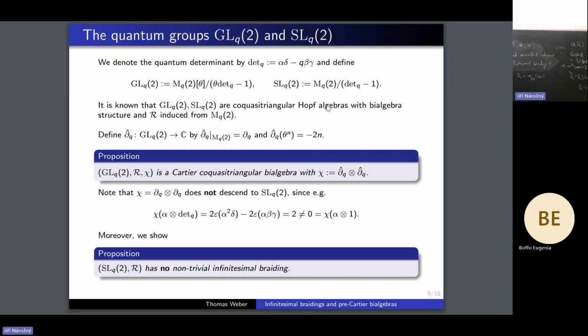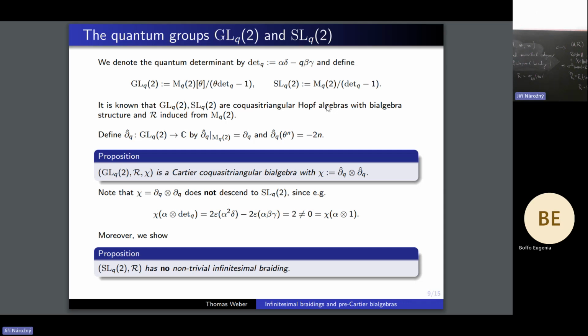Now there's a problem, or not a problem, but something that we realized: this does not work for SLQ2. If you want to see if the same chi goes to SLQ2, you see it doesn't work, and you get some inconsistency here. So this does not descend to SLQ2, and we could even show that there is absolutely no non-trivial infinitesimal R-matrix, sorry, braiding, on SLQ2.